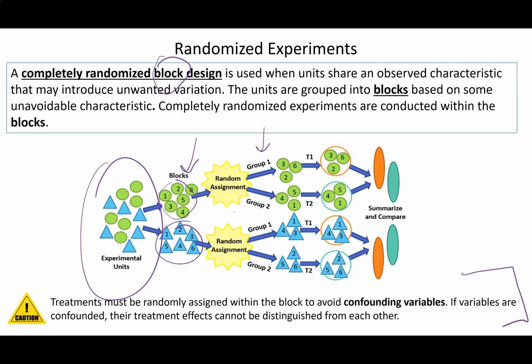Then I'm going to randomly assign groups. So I have 2 groups of circles. One group gets treatment 1, one gets treatment 2. Then with the triangles, I do the same thing. I randomly select half the triangles to treatment 1, the other half to treatment 2, then I compare.